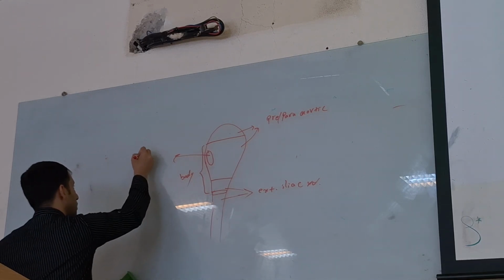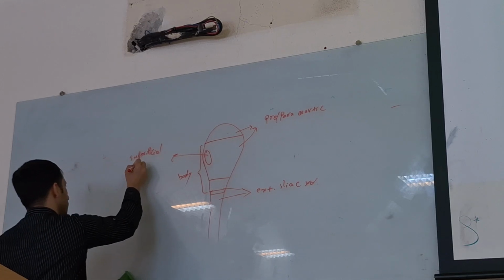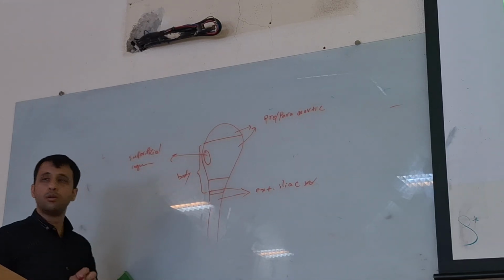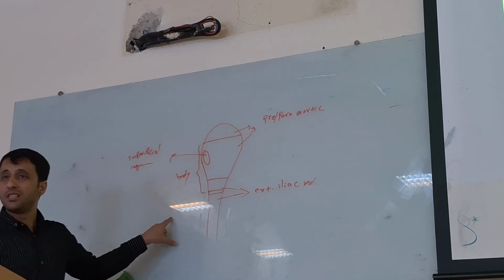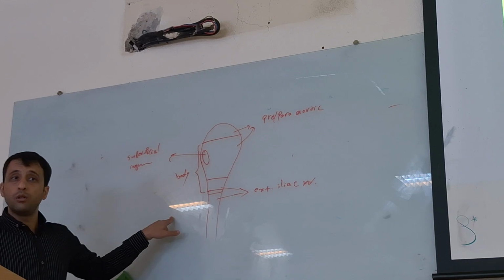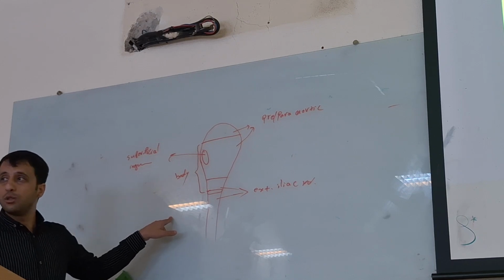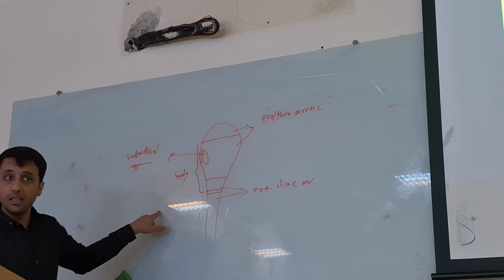And this part, which is located near the site of attachment of the round ligament, drains to superficial inguinal nodes. And also, if you remember, I said that the medial part of the fallopian tube also drains to superficial inguinal nodes. Why?